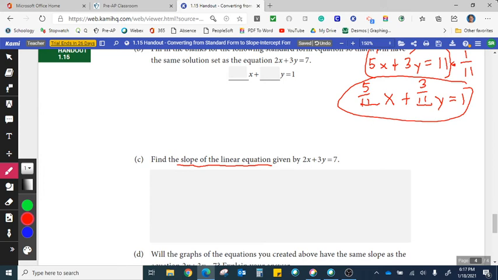In order to create the slope-intercept form equation, what I'm going to have to do is get y by itself. Just like I did before, I have to look for the other term that you're adding to the y term, and that one is the 5/11ths x, and I'm going to subtract 5/11ths x.